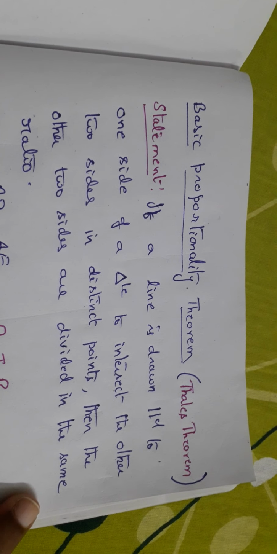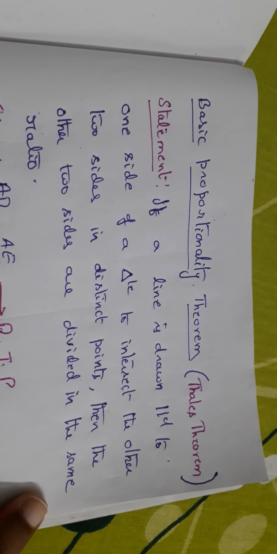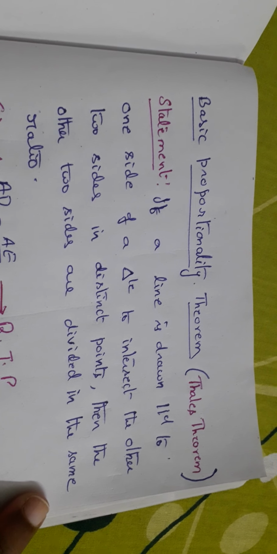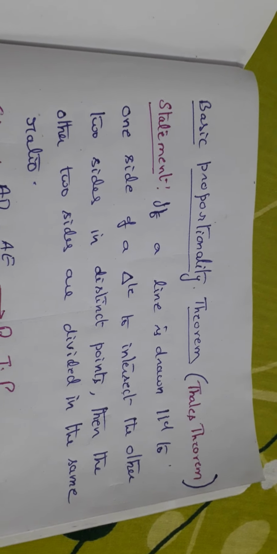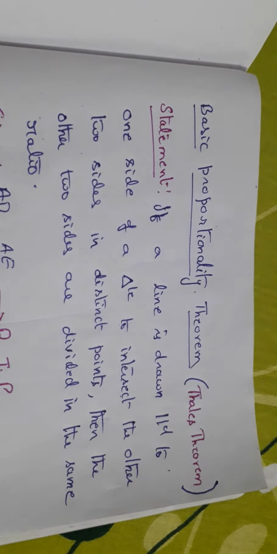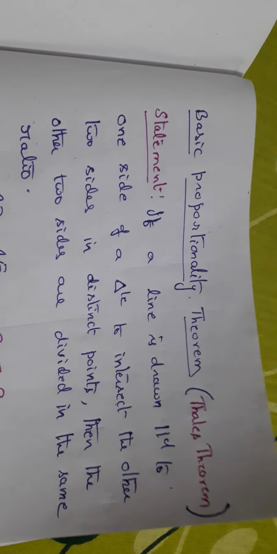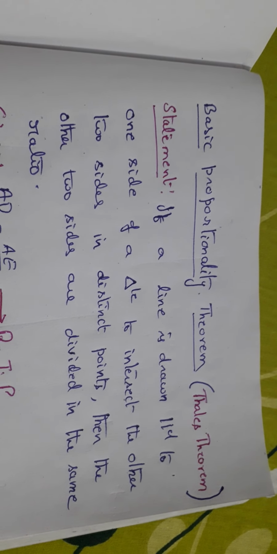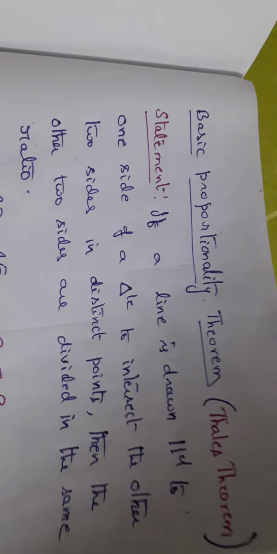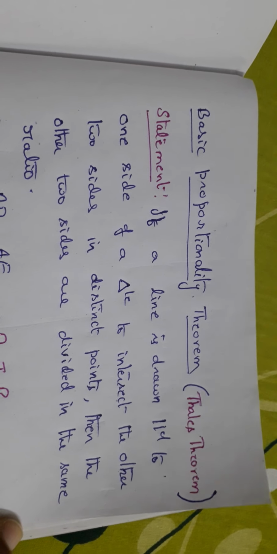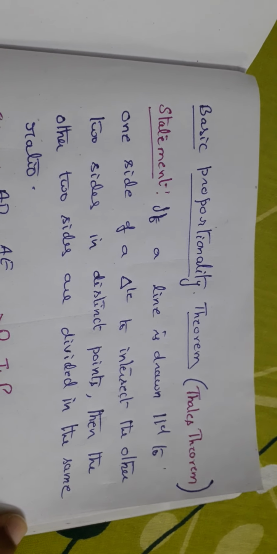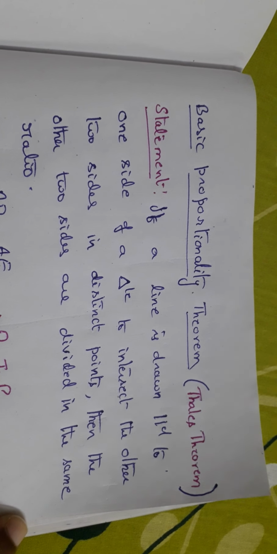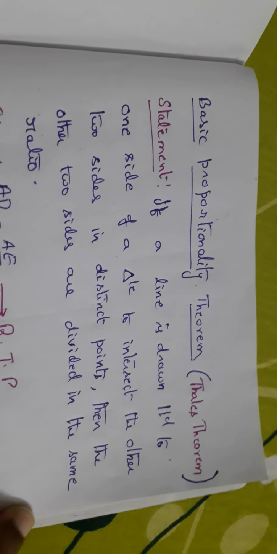So then he says that the other two sides are divided in the same ratio. So whenever you draw a line parallel to one of the sides of the given triangle so that it touches the other two sides, then that line is the one which divides the two sides in the same ratio.